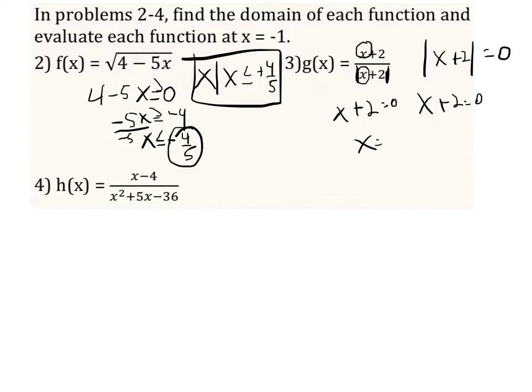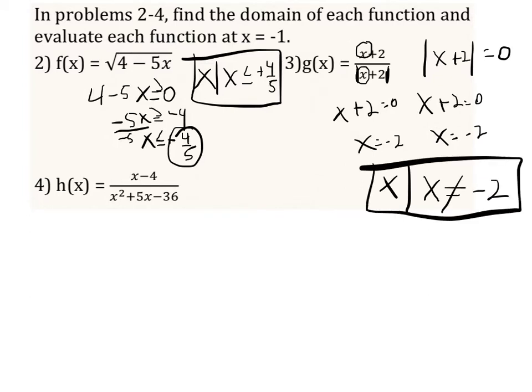So we get x equals negative 2, x equals negative 2, no matter what. So all x's, provided that x doesn't equal negative 2, seems to be the only issue we have. Because if it ever equals negative 2, then our denominator is 0, and we are hosed because we can't divide by 0.